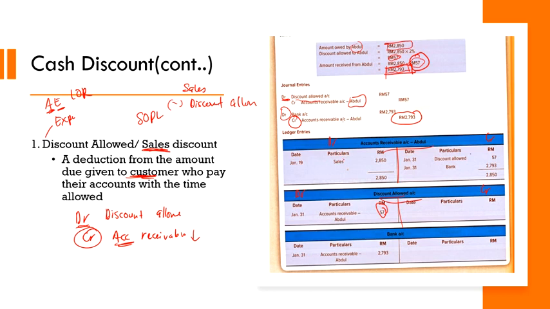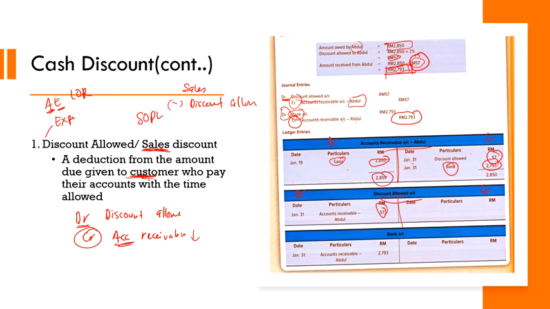So that's why we record sales of 2850. Then account receivable should have two entries. So you credit. So write here 31st January. The particulars are discount allowed, discount allowed 57. And then the other one we write bank, write bank 2793.